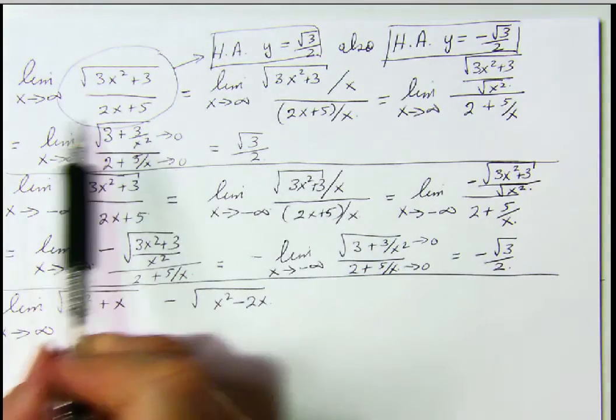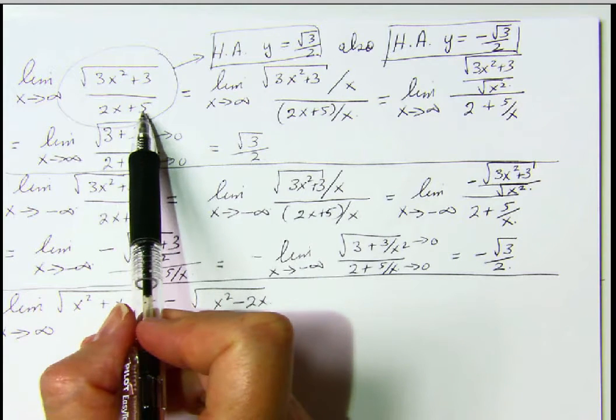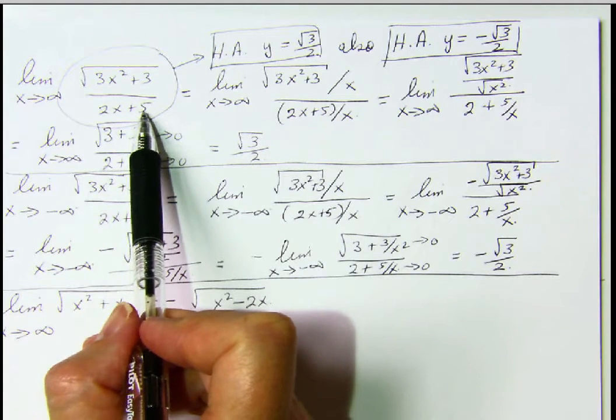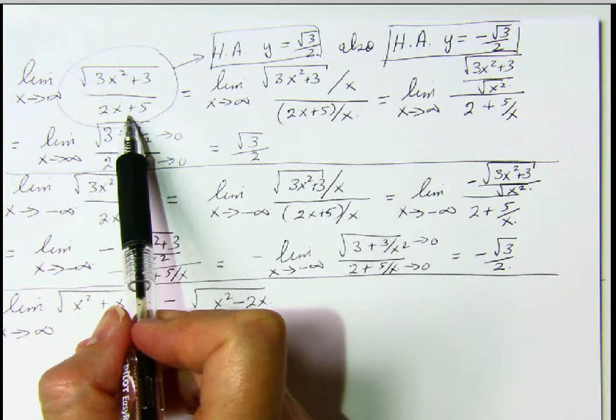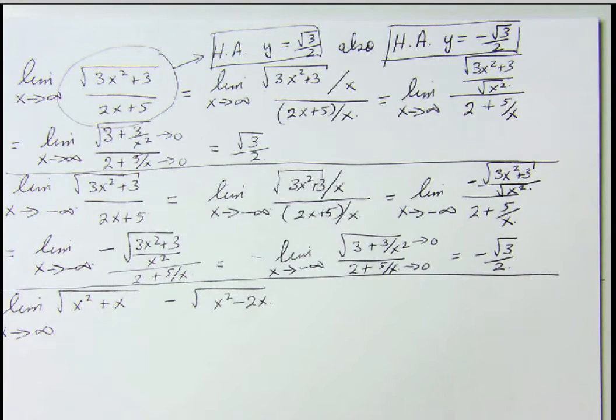And of course it has a vertical asymptote at x equals negative 5 over 2, where the denominator equals 0, since this value of x doesn't make the numerator equal to 0.